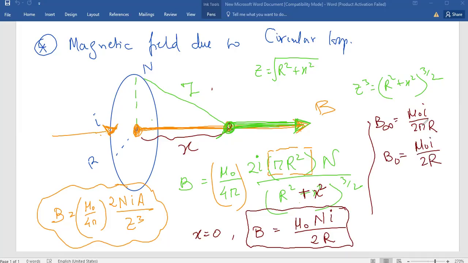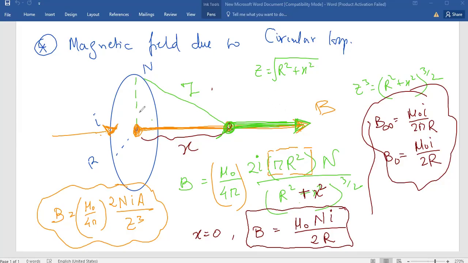So the difference is only pi, remember. For a straight wire, you will use the pi term. For a circular wire, you will not use the pi term. Understood? Yes, sir.